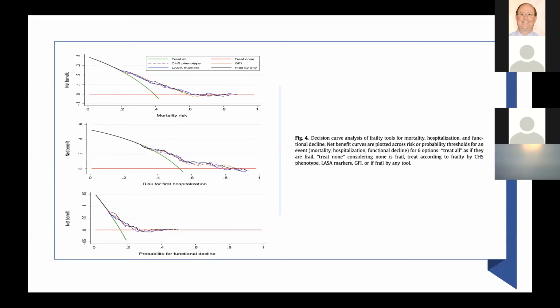They added 2 standard measures, treatment for all or treatment for none, and looked at all of the tools and the measurements. What they found is that all the tools had a higher net benefit than the 2 default strategies.